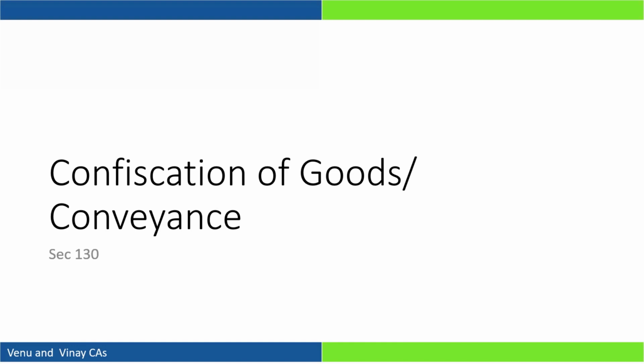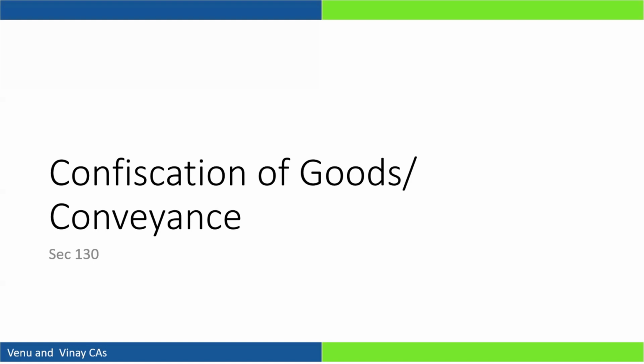It's important to know about section 130. Let me reiterate one of the points which Jagadish was mentioning. Jagadish was saying that detention means you have stopped. When someone is stopping me, the goods are with me. The goods are in my possession and I am also the owner of the goods.